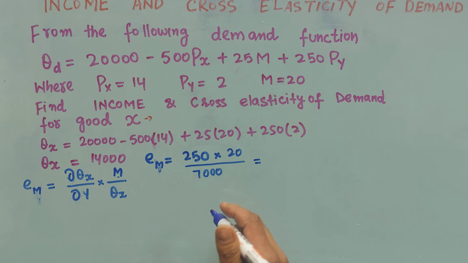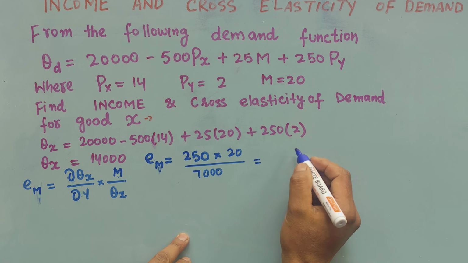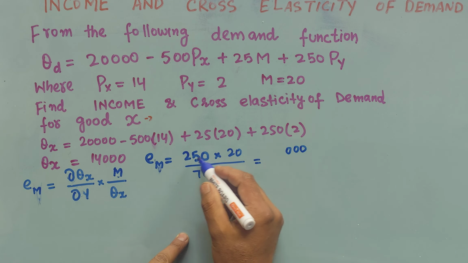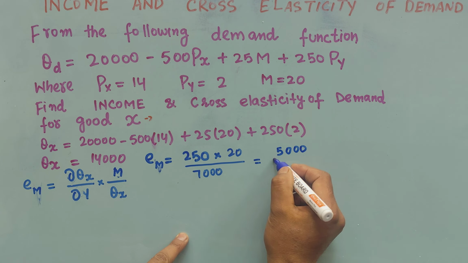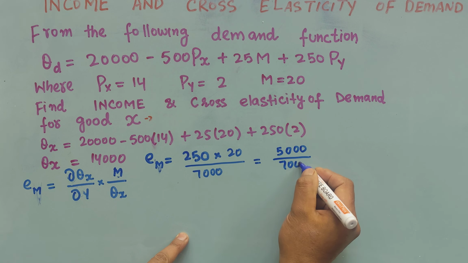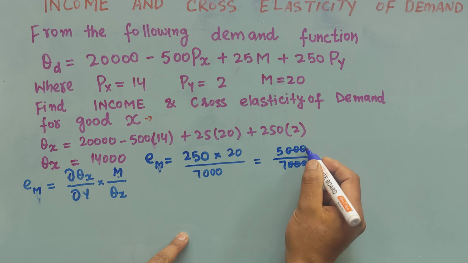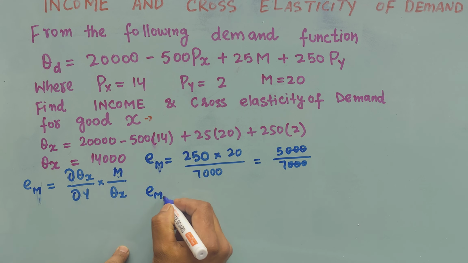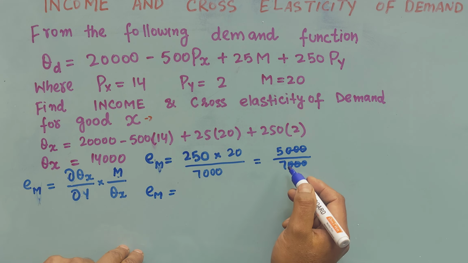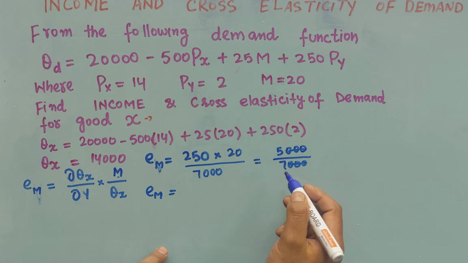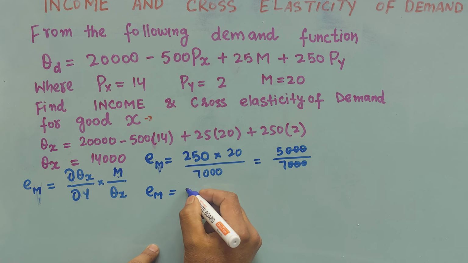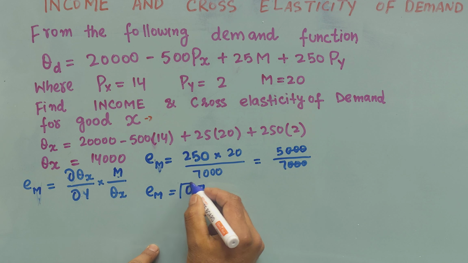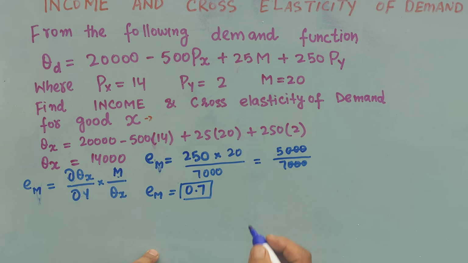When we solve this, we have 2 zeros first, then 2 5s are 10, then 2 2s are 4, which is 5,000 upon 7,000. So this gets cancelled, and income elasticity of demand comes out to be 5 upon 7, which is 0.7.